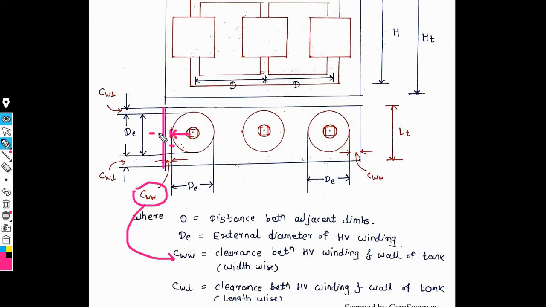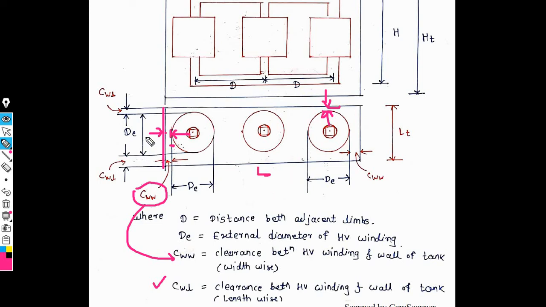Then similarly CWL means clearance between HV winding and wall of the tank, that is along the length. This is the length.